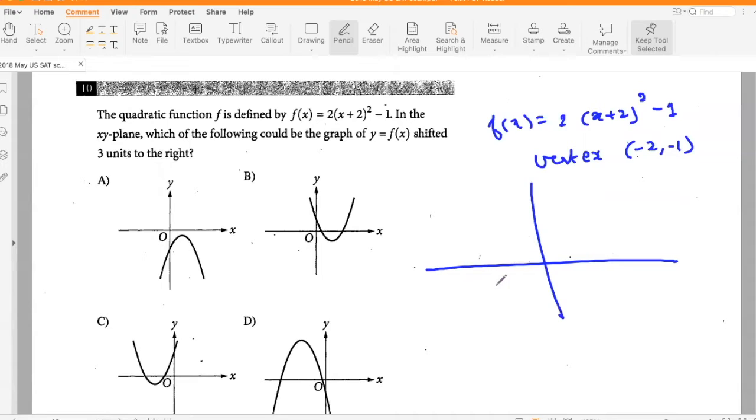So this is how the graph will look. And if you shift it 3 units to the right, it would come to 1 comma minus 1. So it would come somewhere here. So from the options, that would be option B.